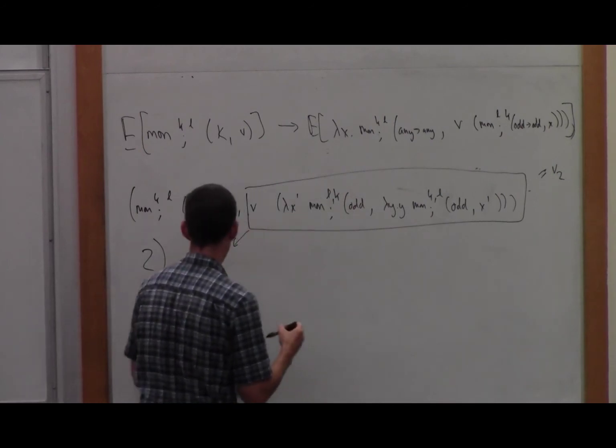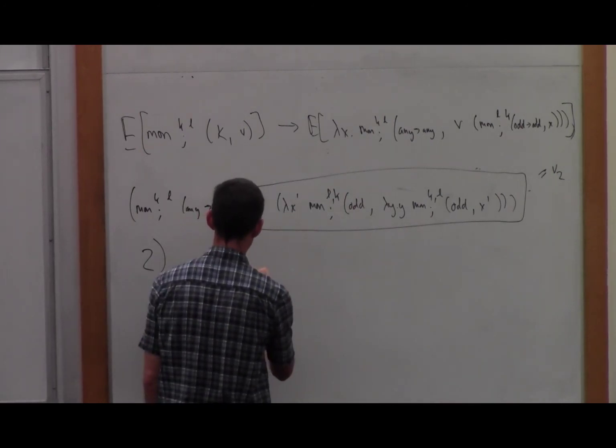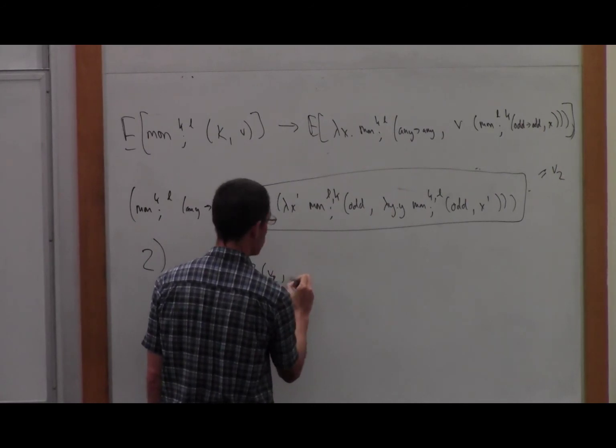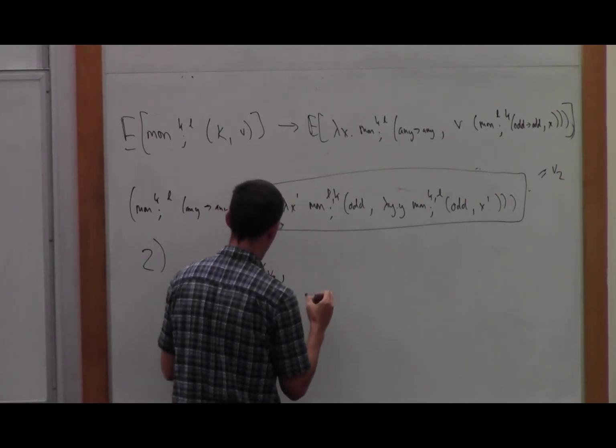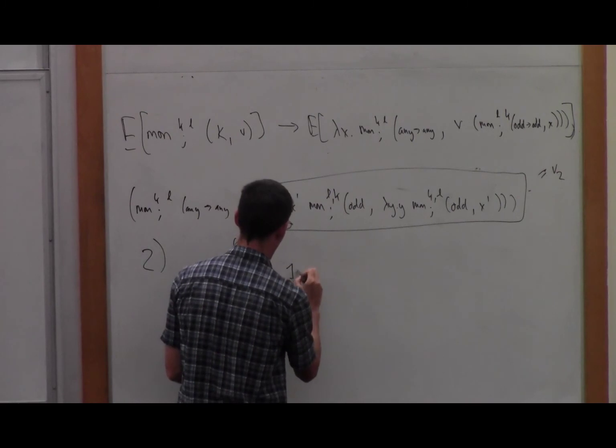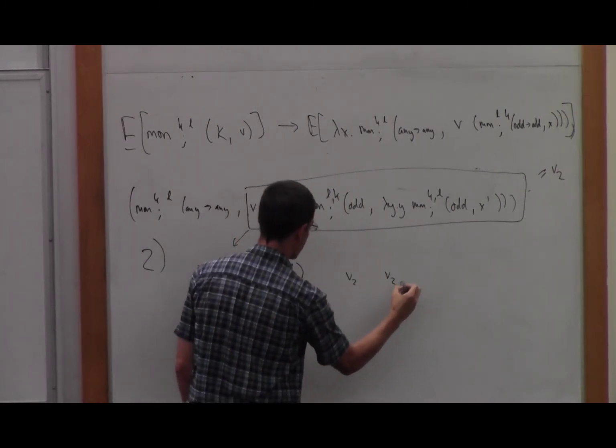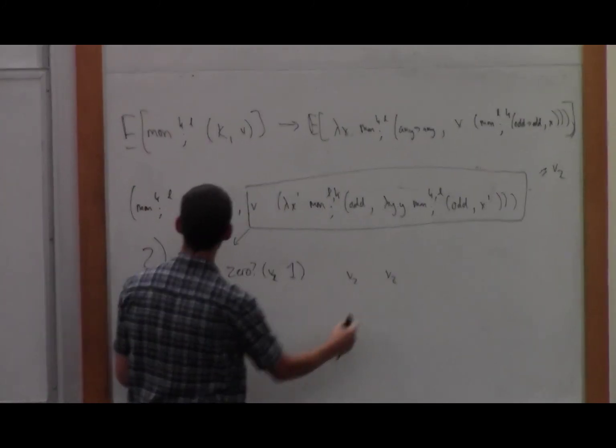So we get if 0 v2 applied to 1, then v2 else v2. So that's what we have here.